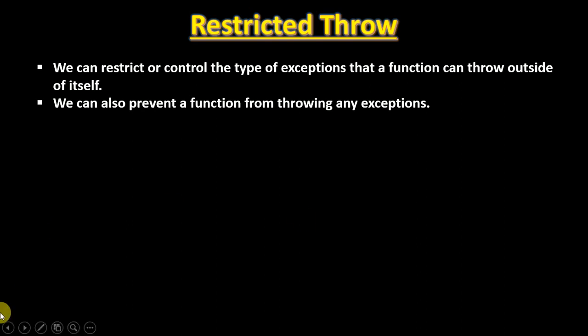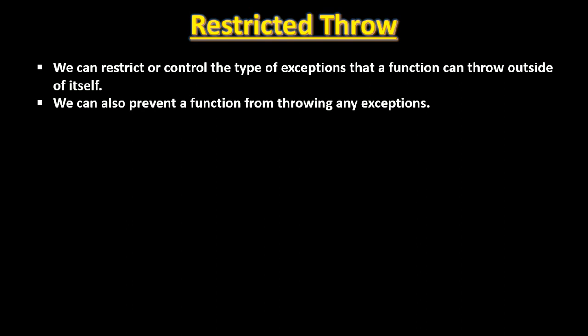So what it is saying is, we can restrict or control the type of exceptions that a function can throw outside of itself. So from the function definition to outside, what you are throwing. Inside, whatever you want you can throw. For example, inside the function definition you have one try block and another catch block. From inside the function whatever you want you can throw.